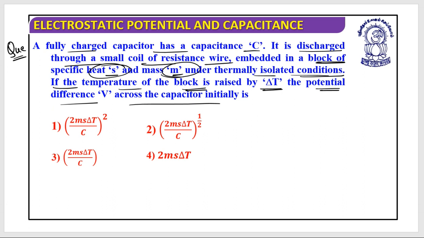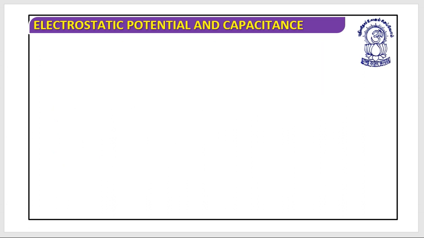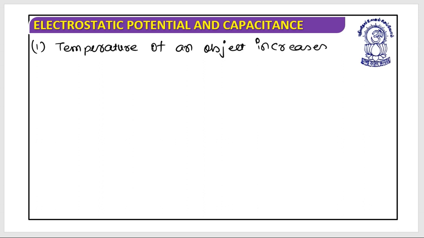If not, let me give you a quick recap. There are two conditions. In one condition, the temperature of an object increases while the phase remains the same.